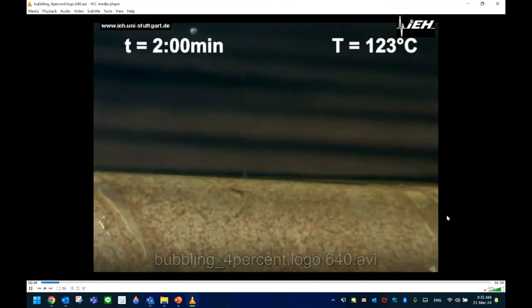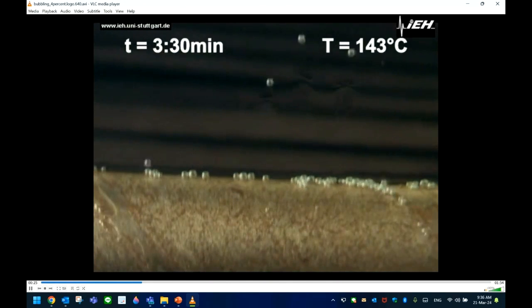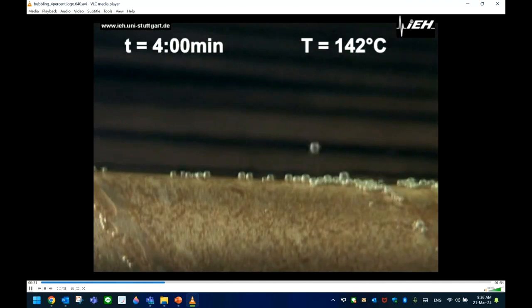This is the example that when the paper gets more heat, you can see the bubble coming out from the insulation. This is the insulation or the paper. When water comes out from the insulation, it will not come out in the form of just water.